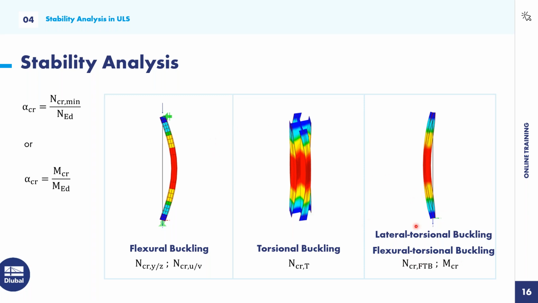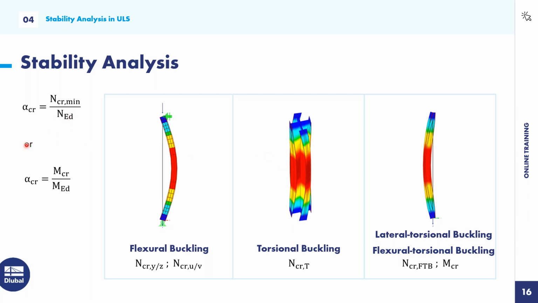So it's a combination of both. I have a lateral deformation and on top of that, a rotation of the cross-section. And the critical load factor here on the left side, this alpha critical, is the ratio between the critical load and the existing or acting design load.